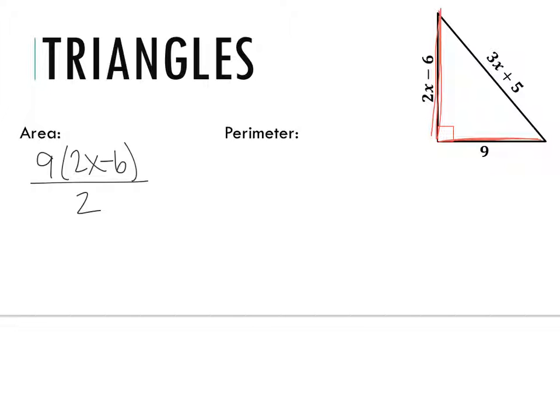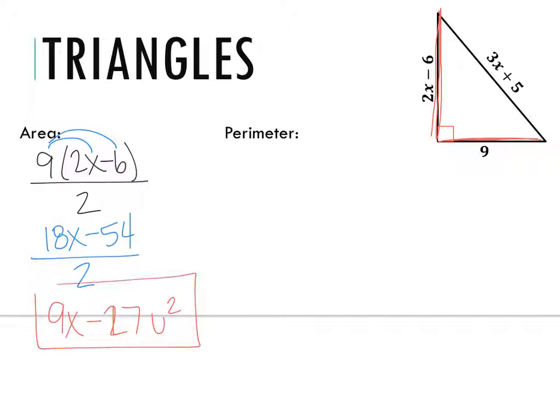So when I go to simplify this expression, I distribute on the top first to get 18x minus 54 all over 2. And then you can actually divide that out. 18x divided by 2 is 9x. And 54 divided by 2 is 27. And then again, that's going to be units squared.